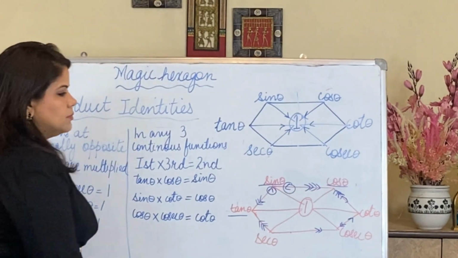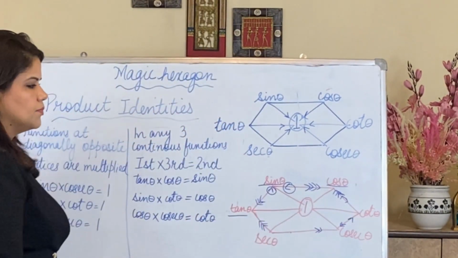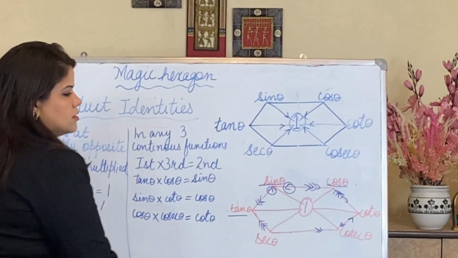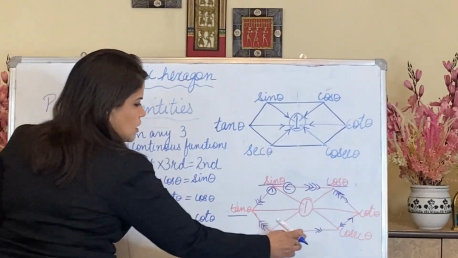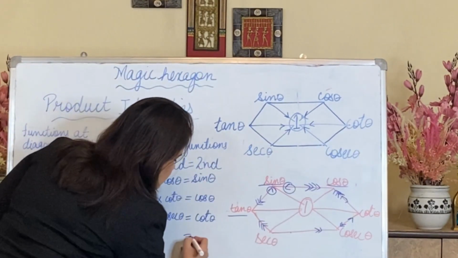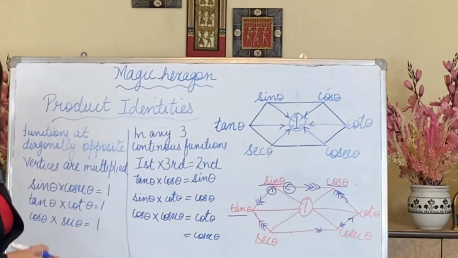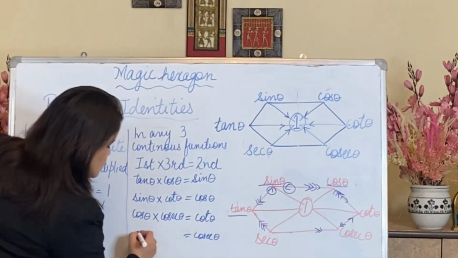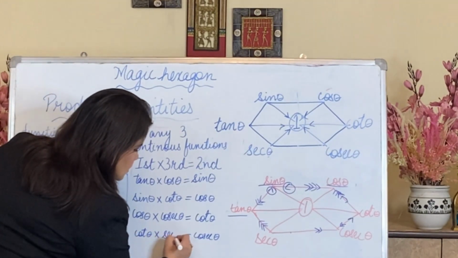Understood? Now I am taking cot theta, cosecant theta and secant theta. From these 3, this is acting as my second one, this is the first one, this is the third one. So the second one will come here. I am separating out the second one so that you can easily write first and third here: cot theta into secant theta.